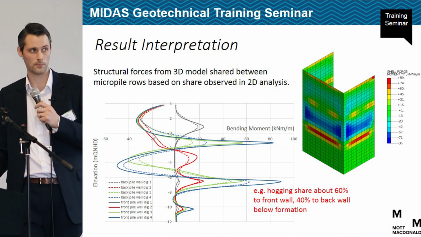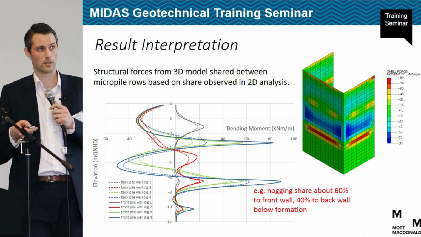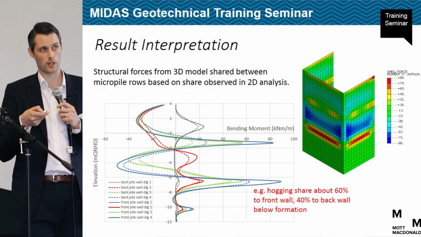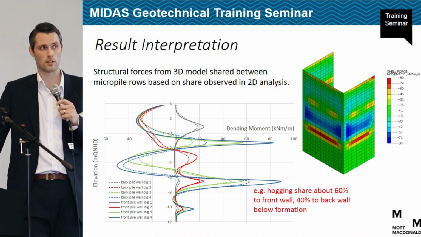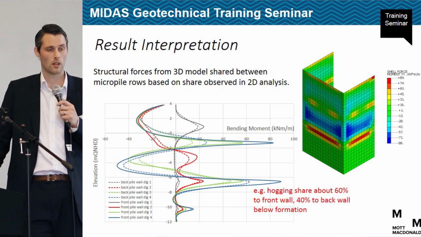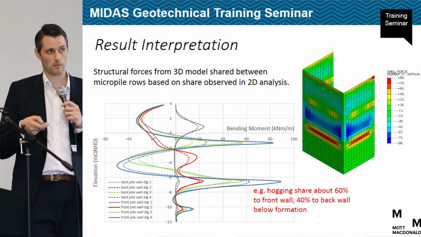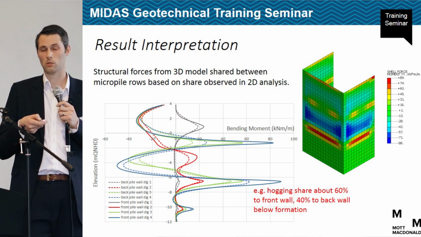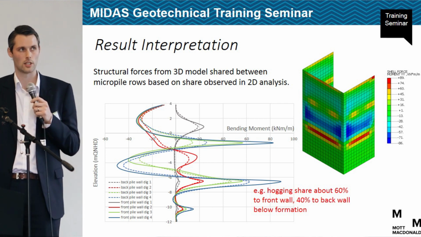the construction sequence. So for example, down here where we've got hogging region at the passive support of the rock beneath the formation level, the share of bending is about 60% going to the front wall and 40% going to the back wall, which sounds sensible enough.